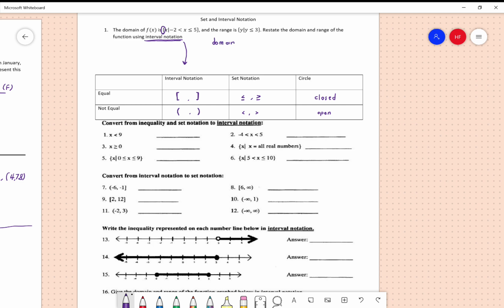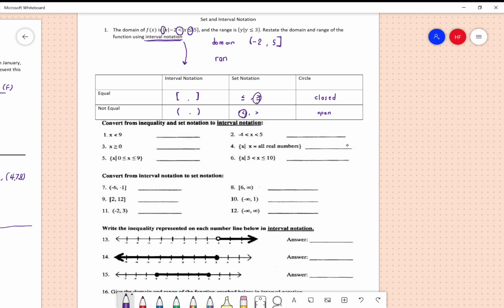So we know we're going to have the numbers -2 and 5. Those are our beginning and our end. When it is this one, we're using a parenthesis because it's not equal. We're not including that -2. And then when it is underlined, we're going to use a bracket. So our domain starts with a parenthesis and ends with a bracket.